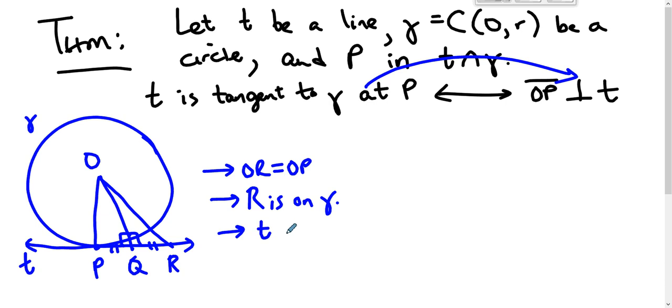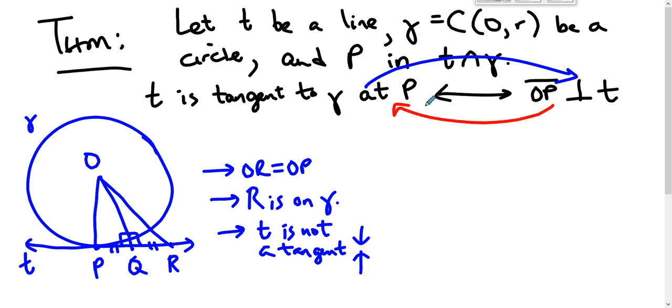And if R is on the circle, T is not a tangent, and that's a contradiction. So if T is the tangent line at P, then OP must be perpendicular to the tangent line. We'll go the other way.